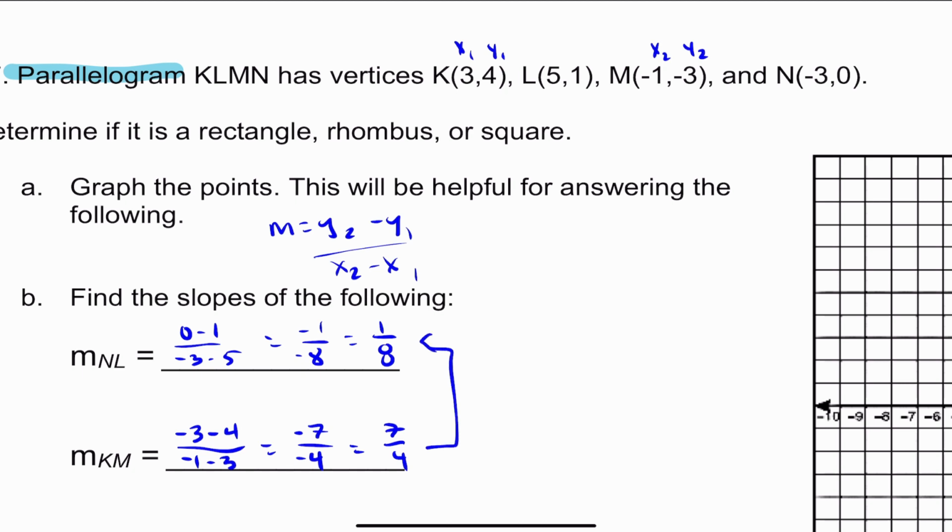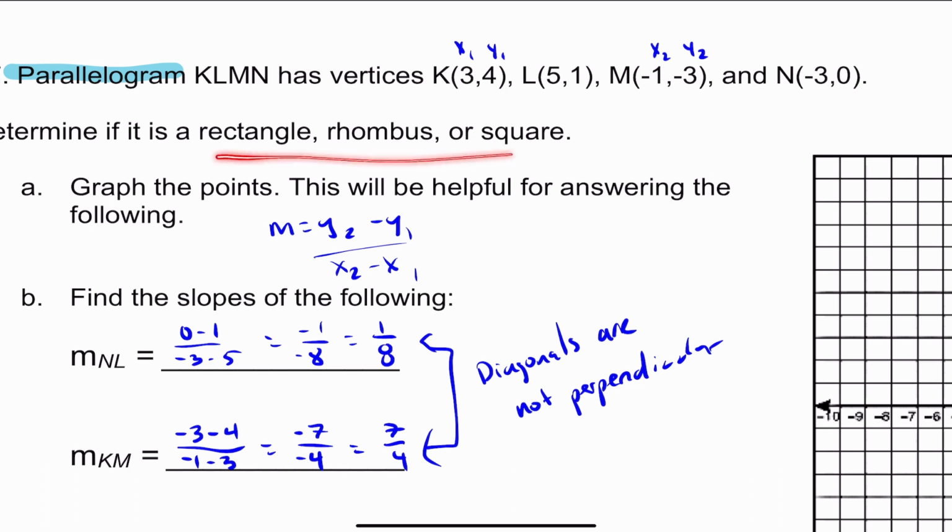So what does this imply? It's so important that you understand this. The diagonals are not perpendicular. Why do I care whether or not the diagonals are perpendicular? Well, what are we dealing with? We're dealing with rectangles, rhombi, and squares, right?